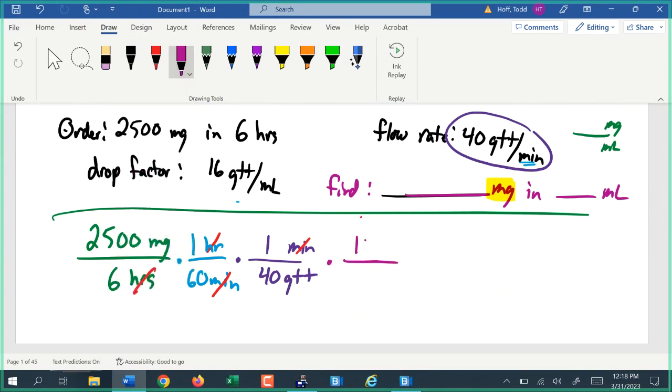We use our drop factor, 16 drops per 1 milliliter. So the milligrams are still there, but we have got rid of the drops now. And we have milligrams on top, milliliters on bottom, which is what we want.